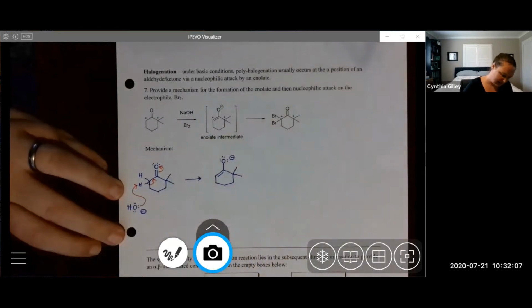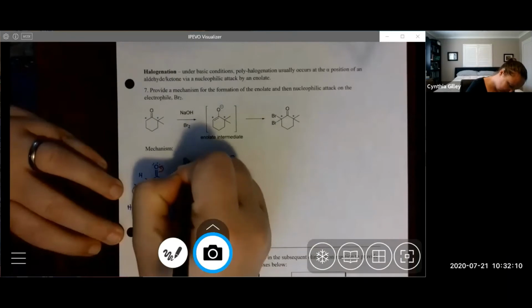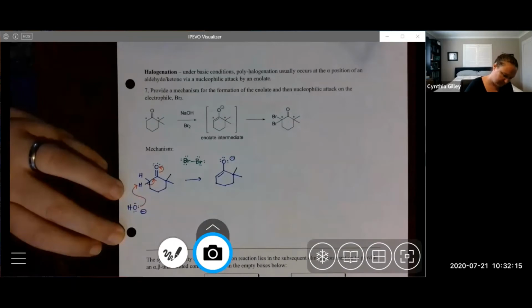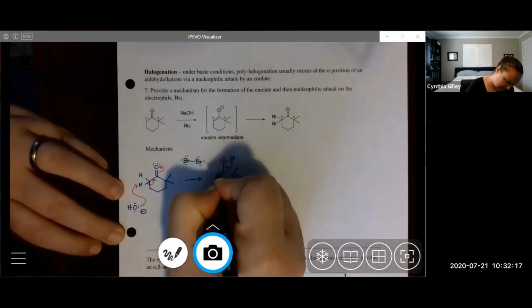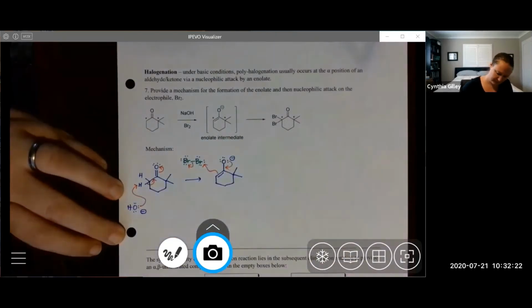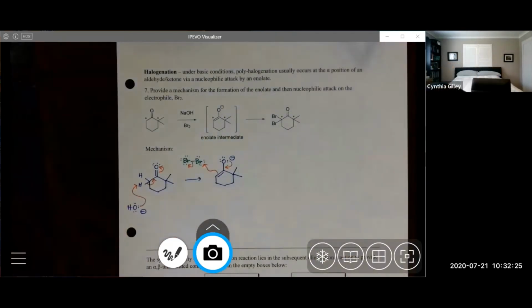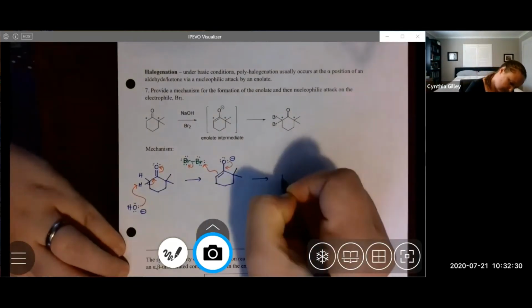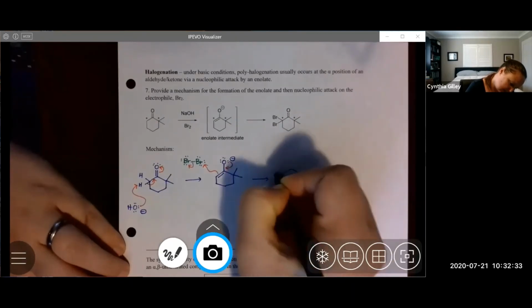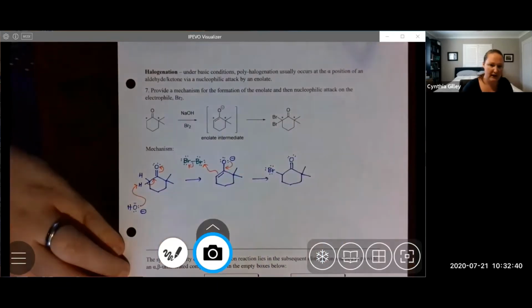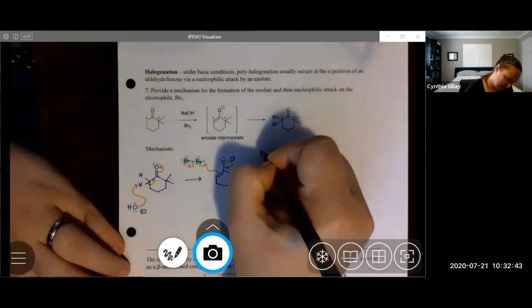And then it can react with bromine. So we can show the nucleophilic attack here, the loss of this bromide leading group. So that has helped us add in the first bromine. Right, and we kicked out some bromide in that step as well.